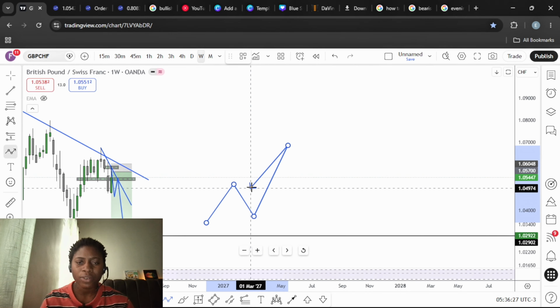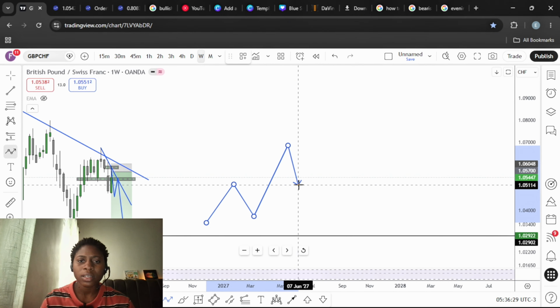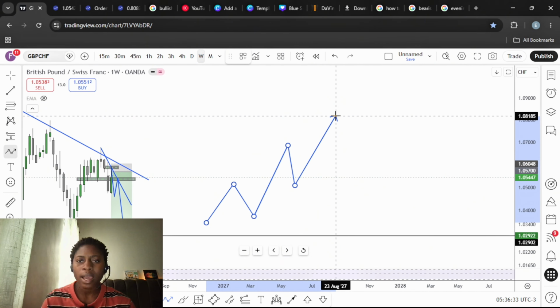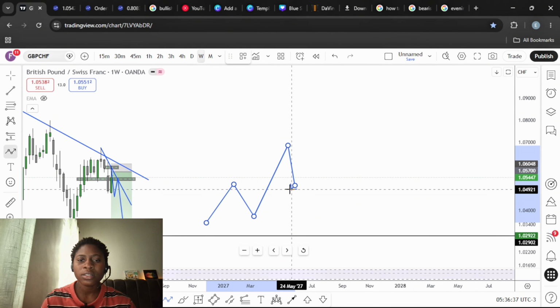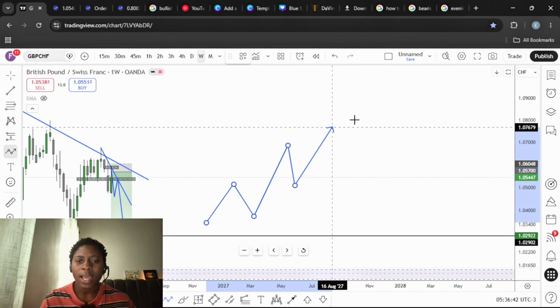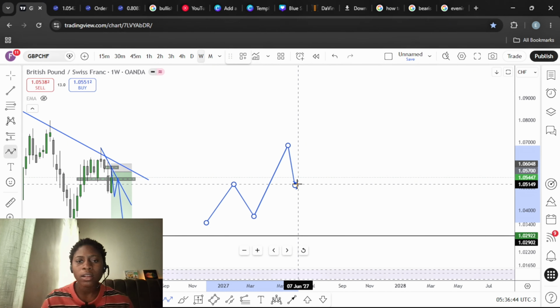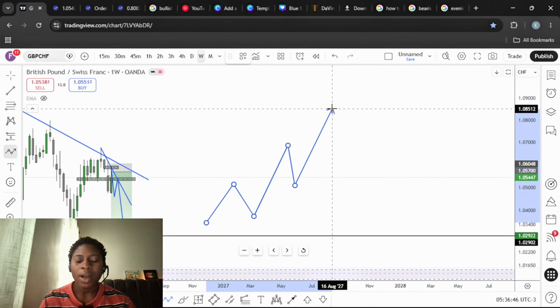So let's assume that the first time the price does this, it comes here and decides to make another higher high. The moment it surpasses this previous high, this becomes our higher low, and this becomes our higher high.